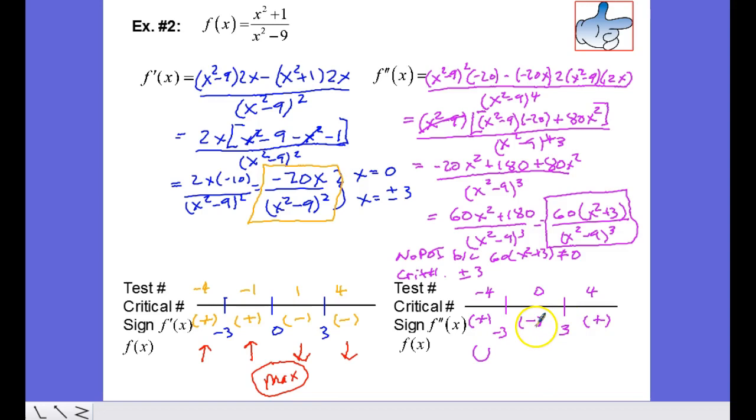Since it's negative between -3 and 3, it's concave down, and since it's positive from 3 to infinity, it's concave up. So we've got a lot of information now. Maybe we can graph our function.